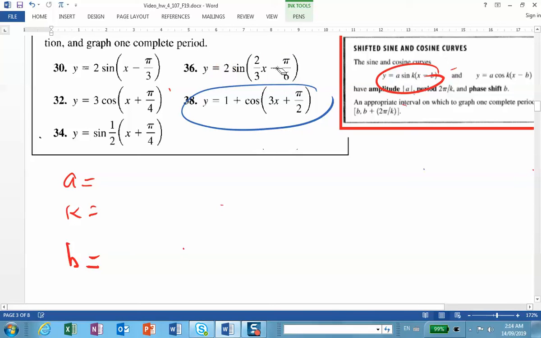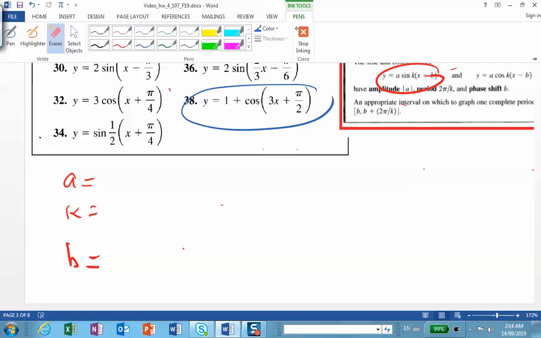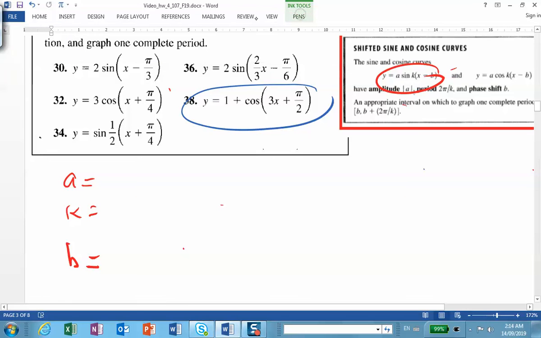All right, first of all, just like the problem above it, this is not in the right format. So what I will do, I will take the 3 out, and I'm going to write this thing as x plus pi over 6.